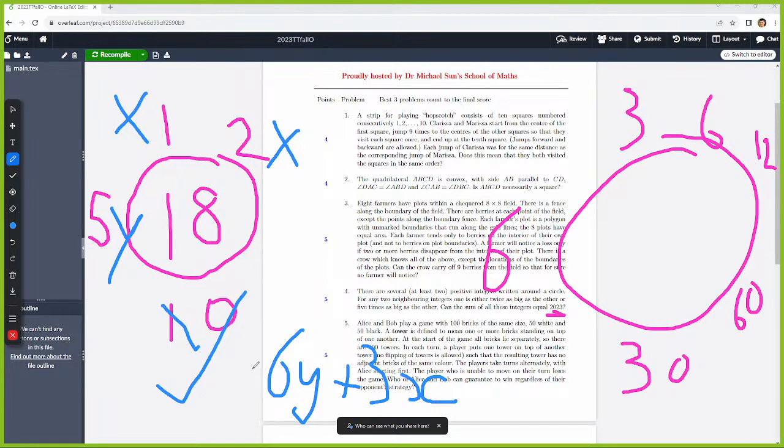Now, 6y is a multiple of 3, right? And 3x is a multiple of 3, yeah? So can you see that when you add them up, it's going to be a multiple of 3? Does that make sense?